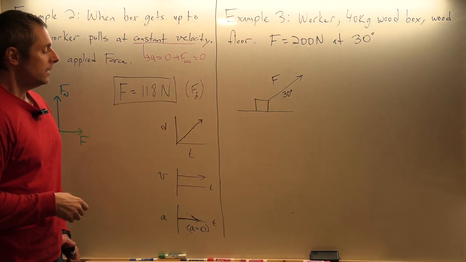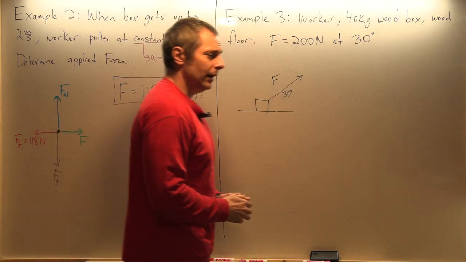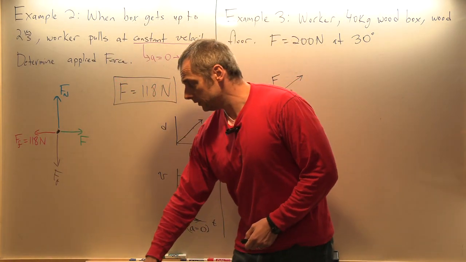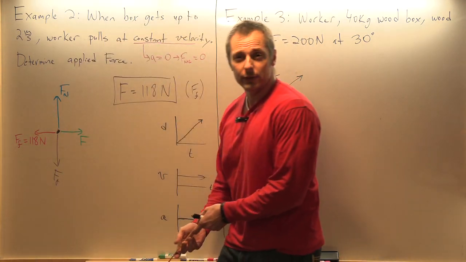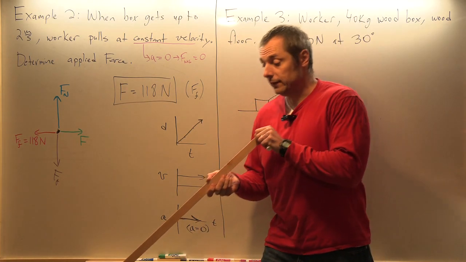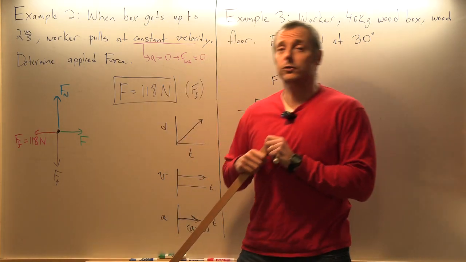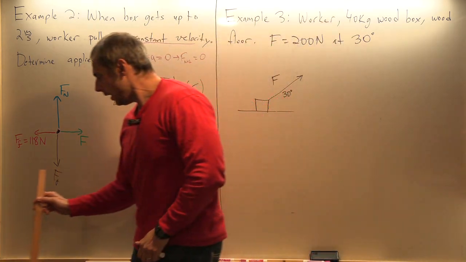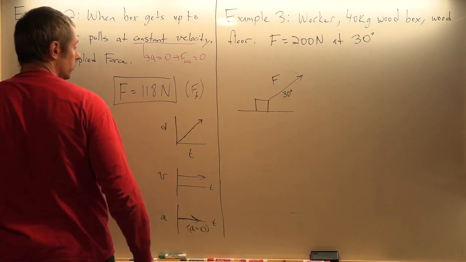That's kind of likely if you're thinking about a box on the floor. I don't have a rope, but maybe this is a rope, and I'm pulling on the box like this because I don't want to bend down. So that's possible with boxes and workers.